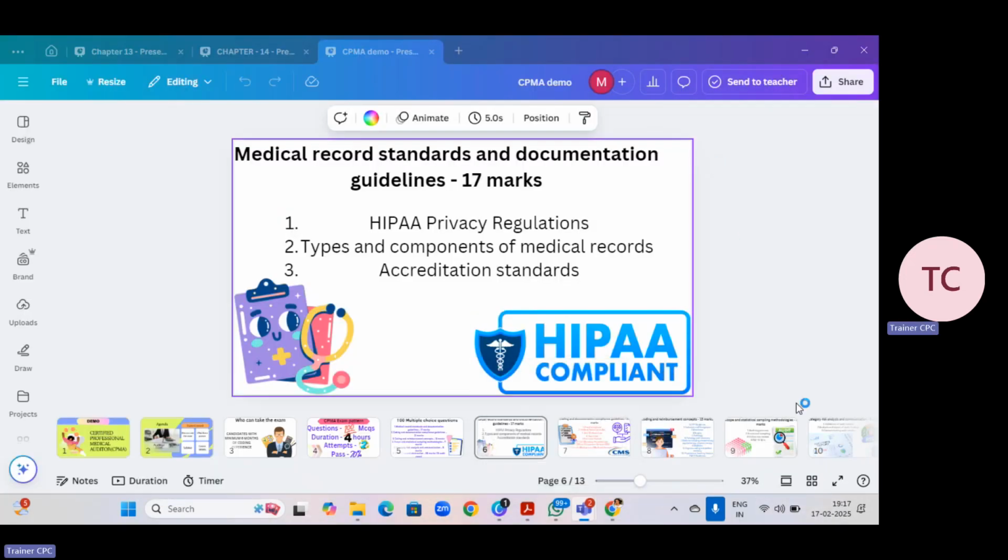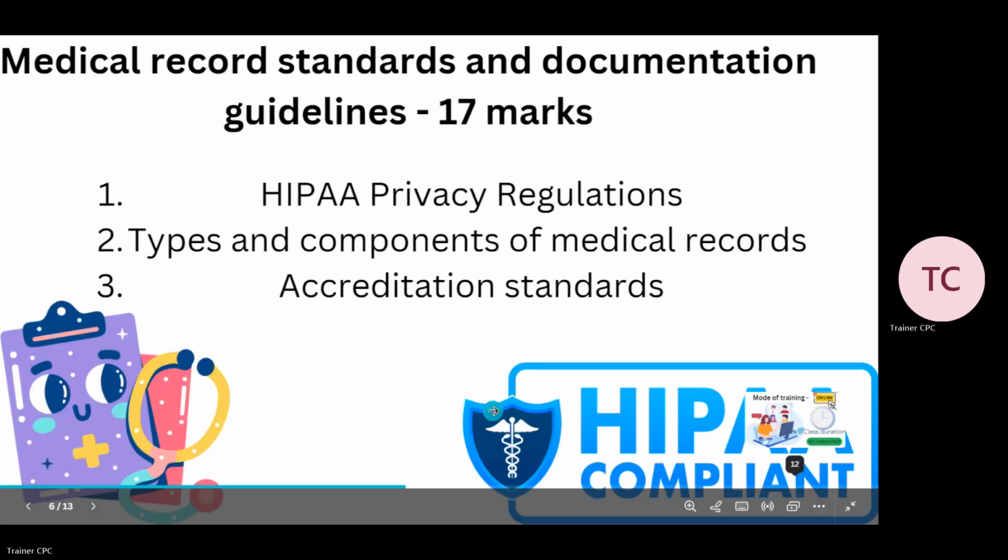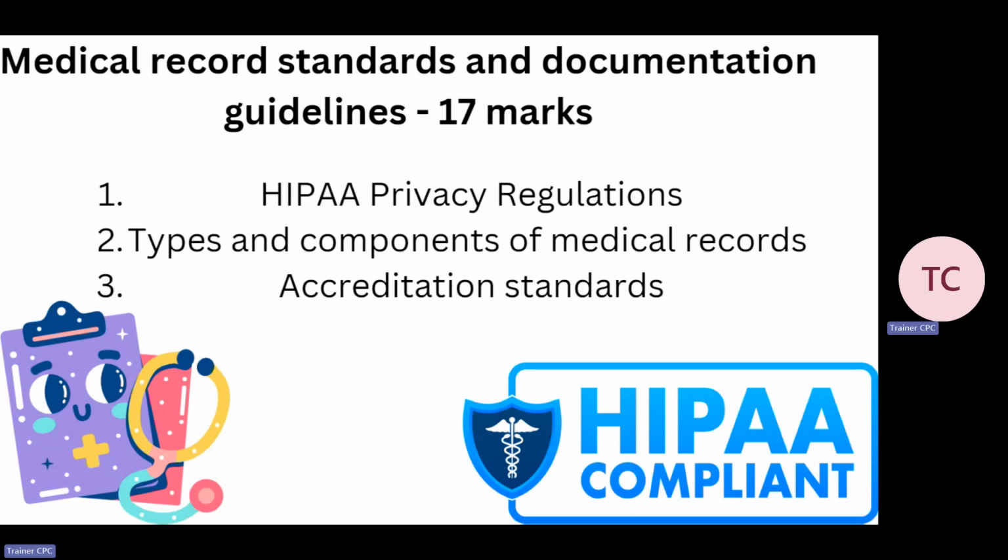HIPAA means health insurance portability and accountability. Like if a person is working in one company and he wants to shift from company A to company B, then his health insurance should continue, right? So that is ensured by this HIPAA.